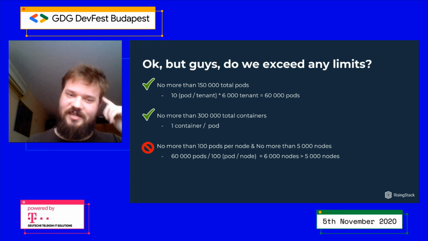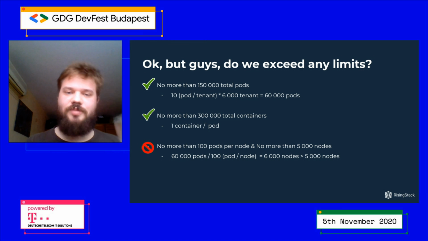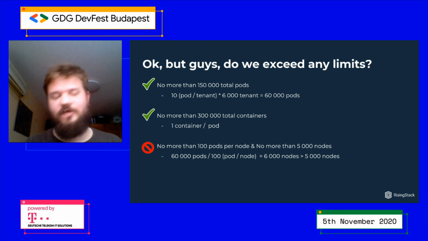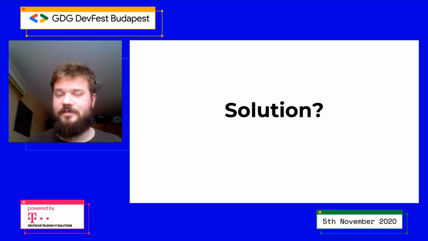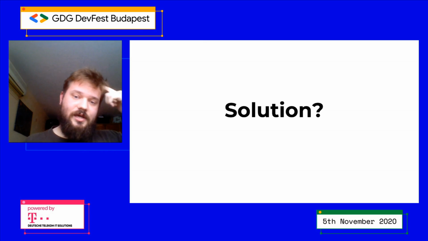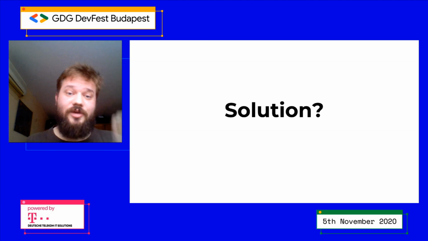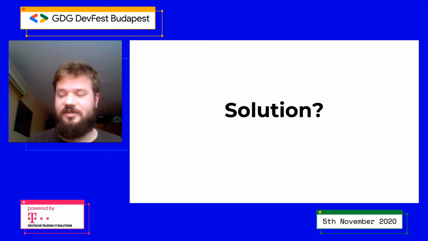Hey, that's 60,000 pods over 100 pods per node. That's already 600 nodes, and that's just the initial rollout. So we're already over the 5,000 nodes limit. Okay, well, crap.